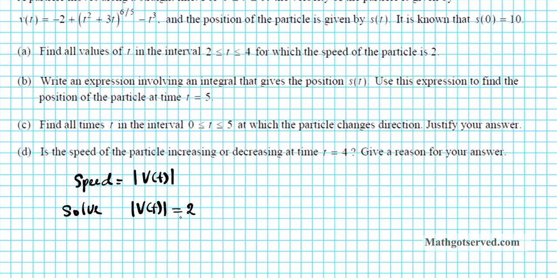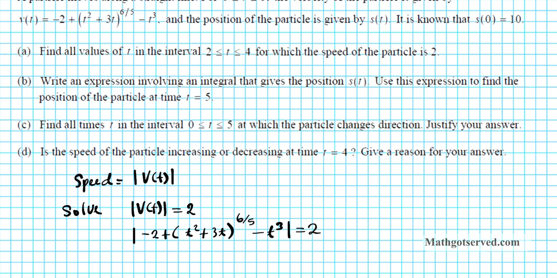So what we're going to be looking at is the solution to the equation absolute value of negative 2 plus t squared plus 3t raised to the 6 over 5 minus t to the third equals 2. Okay, so this is not that easy to solve, so we're going to employ the use of our calculators in solving this equation for t.